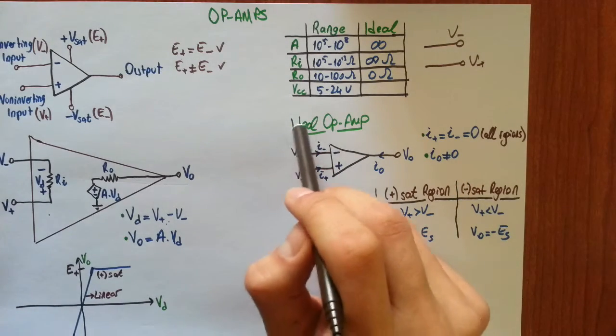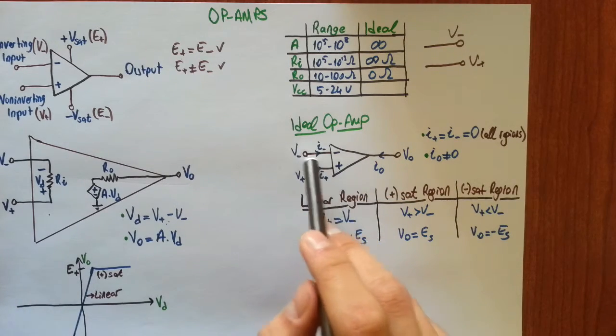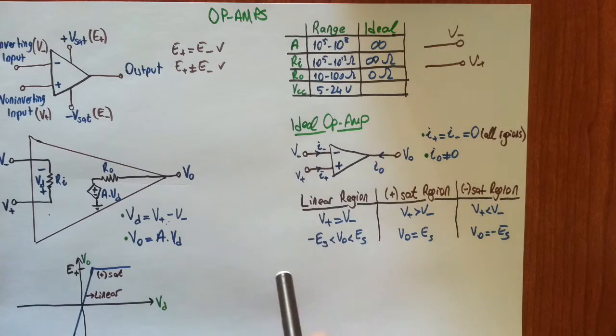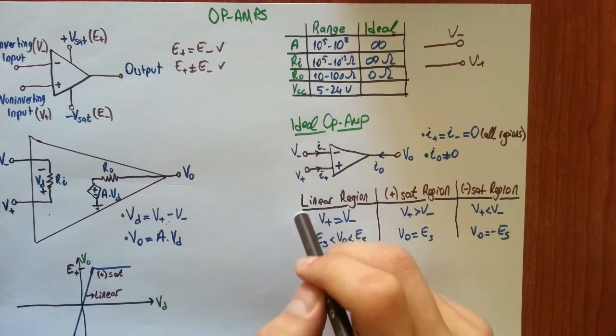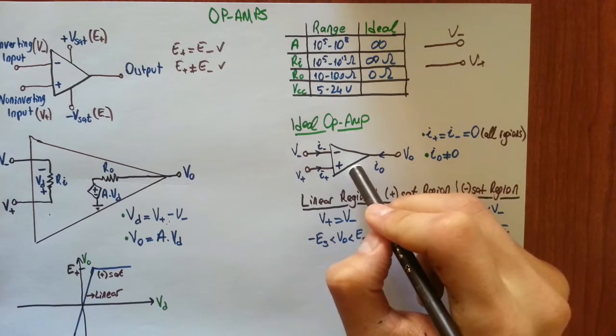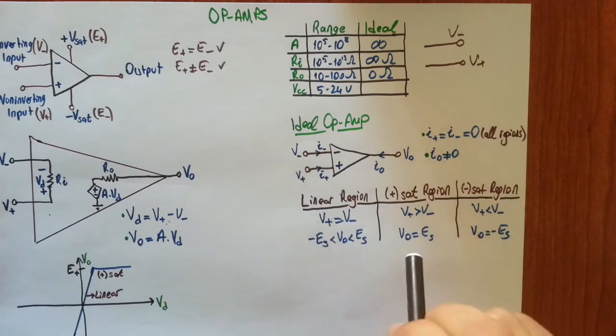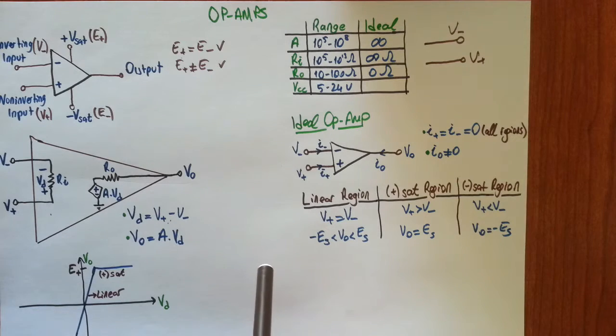Let's look at the ideal case of the op-amp. This is how you interpret an ideal op-amp in questions. And this is your inverting, this is your non-inverting terminal. This is your output. As I told you, we mostly don't draw these saturation inputs because the schematic looks messy in that way.